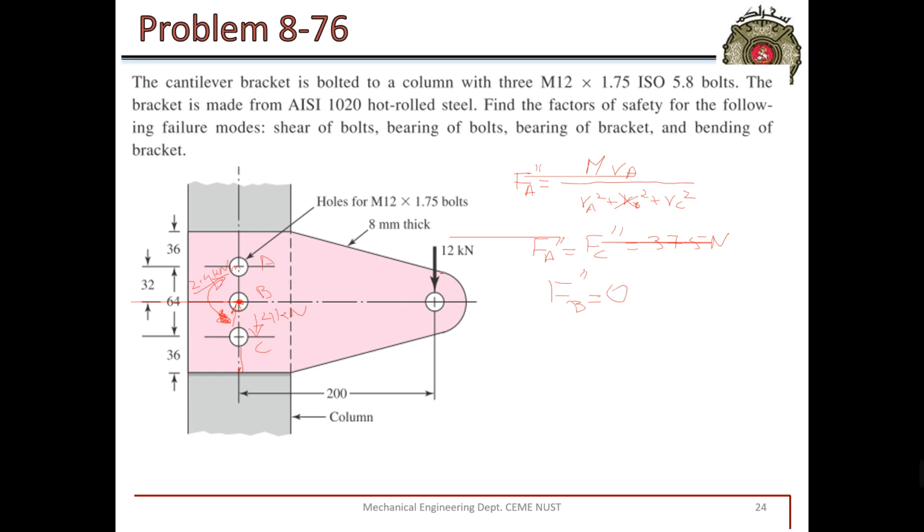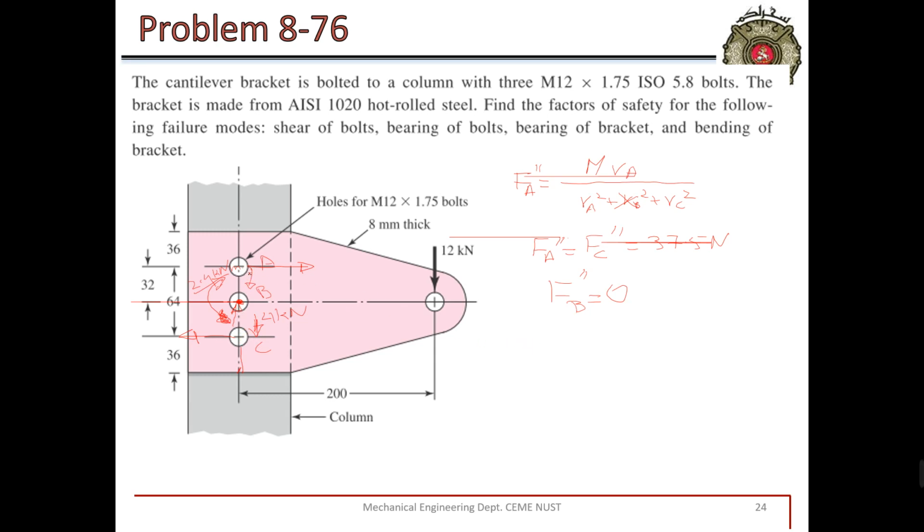So we calculate the resultant, because for this case the resultant is in this direction, for this case the resultant is in this direction, and our FA was downward, here as well FA was downward. So calculating the resultant, it will give us FA.